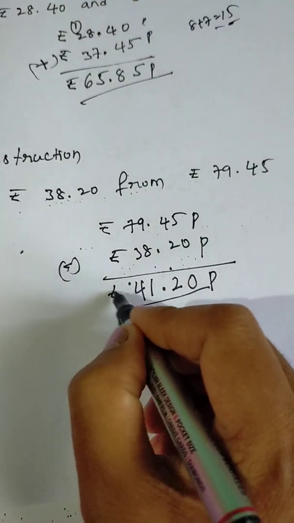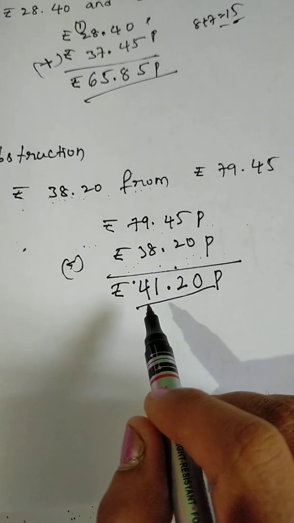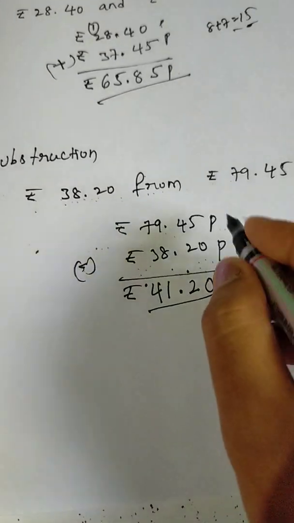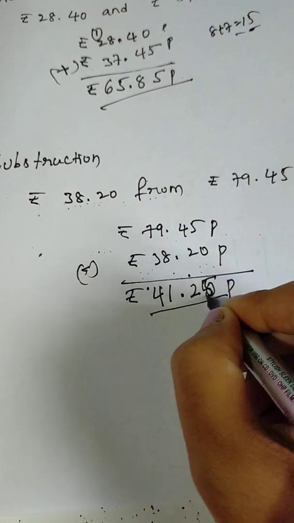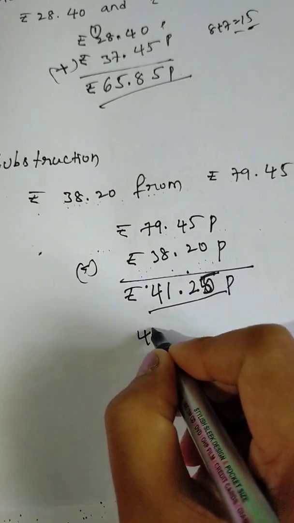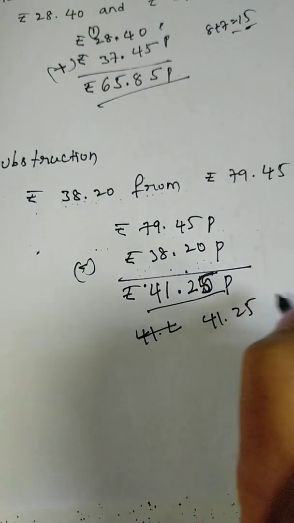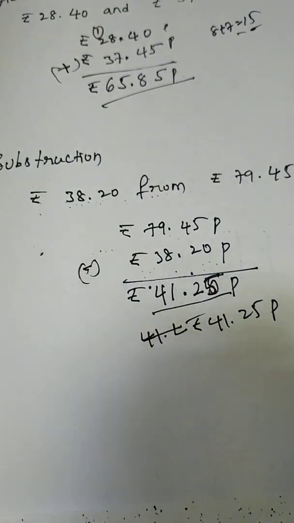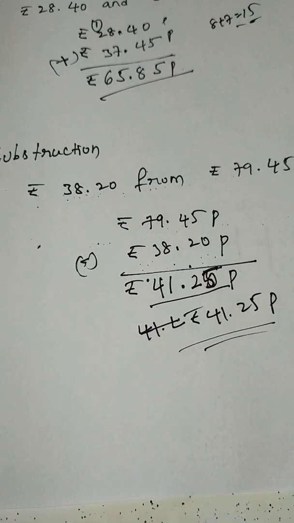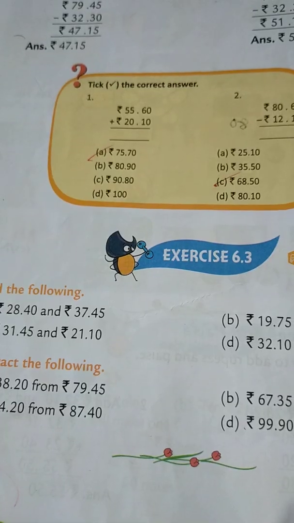These are the paise, these are the rupees. So the answer is 41 rupees 25 paise. This is the subtraction of rupees and paise.